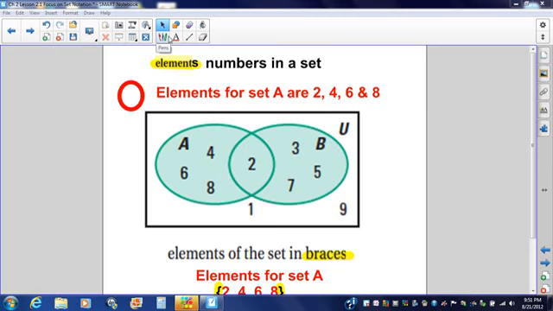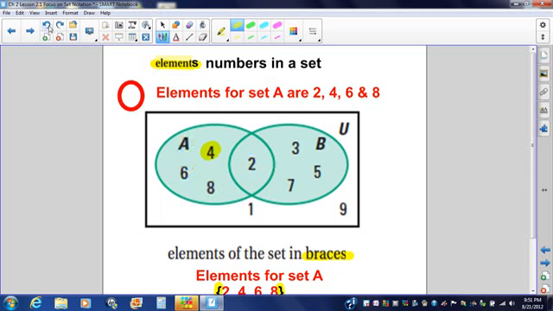For example, right here we have the set A. Anything that I'm shading in yellow is considered set A. So these are the elements that belong in set A. Elements are numbers in a set.